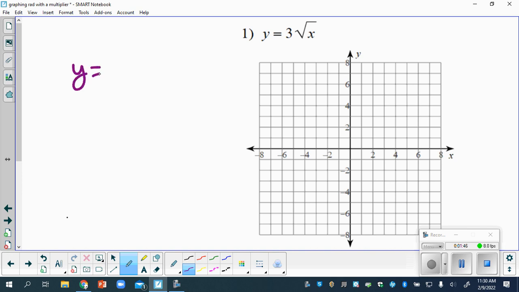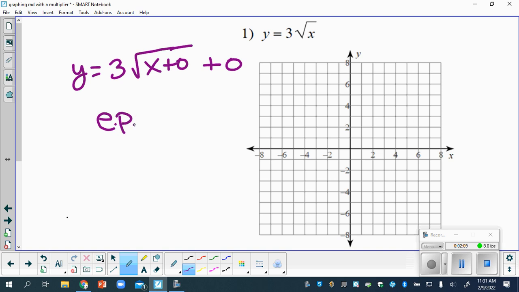So here's what it is. It is y equals 3 square root of x. So just a couple things to remind you, we have no one being added inside, and we have no one being added outside. So our endpoint stays the same.